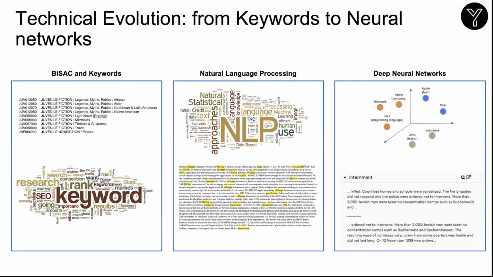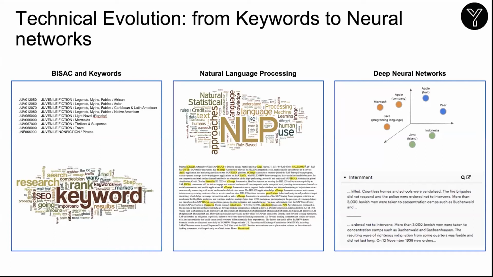Excellent. So, how does this translate in a technical way? As we know, the world of publishing has been traversing different stages. On the left here, we can see how libraries used to represent and organize their metadata.